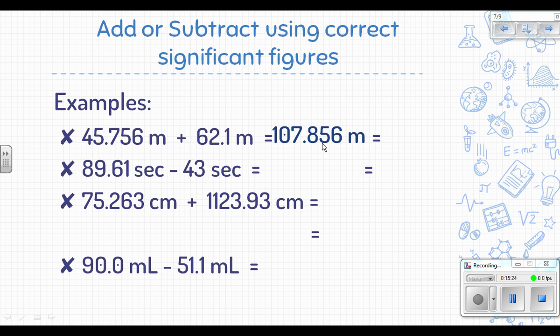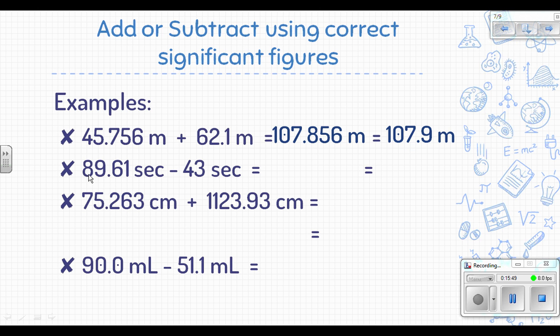But we're only allowed to have 1 number after the decimal. So that means we're going to keep this 8. We have to do our rounding rules here, and we have to look at the 5 after it. Well, if it's greater than or equal to 5, it rounds up. So this 8 is going to become a 9. That's going to make 107.9 our actual answer. So I would just box that.